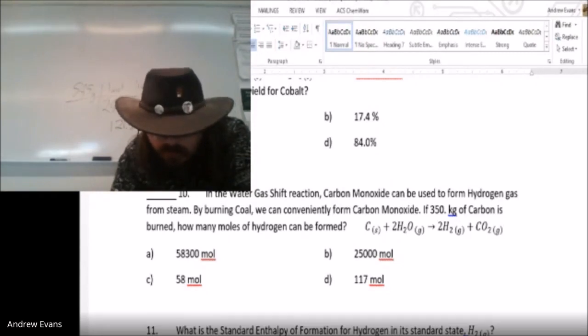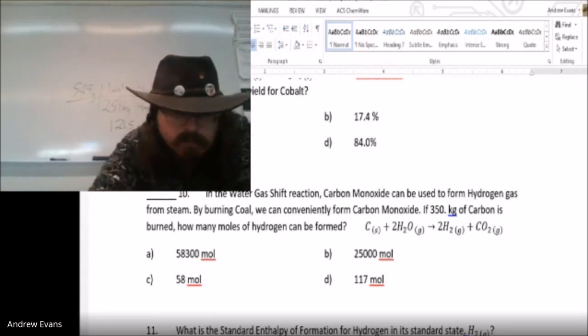350,000 grams would divide by the molar mass of carbon, which is 12. That'd give you 29,166 moles of carbon. For every 1 mole of carbon, you produce 2 moles of hydrogen. So I multiply by 2, I'll get 58,333, which rounds to 58,300.